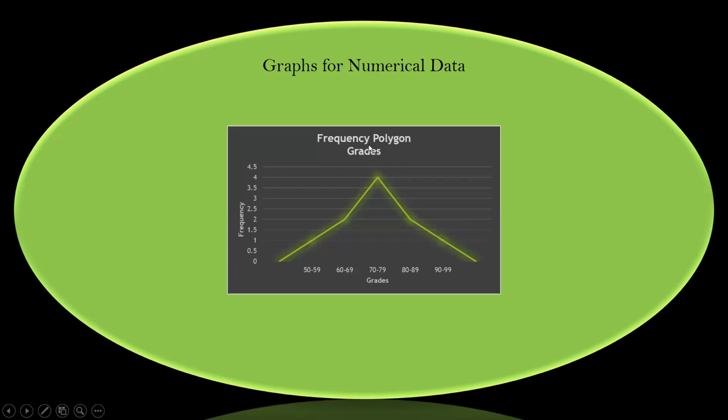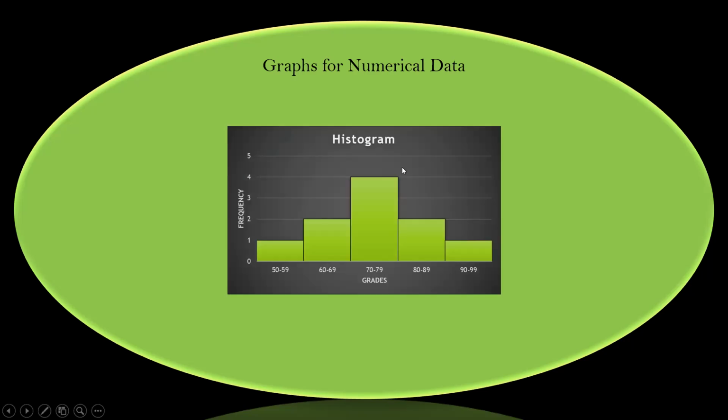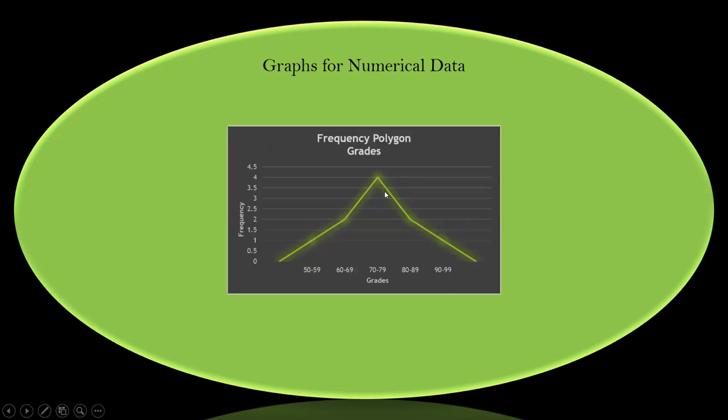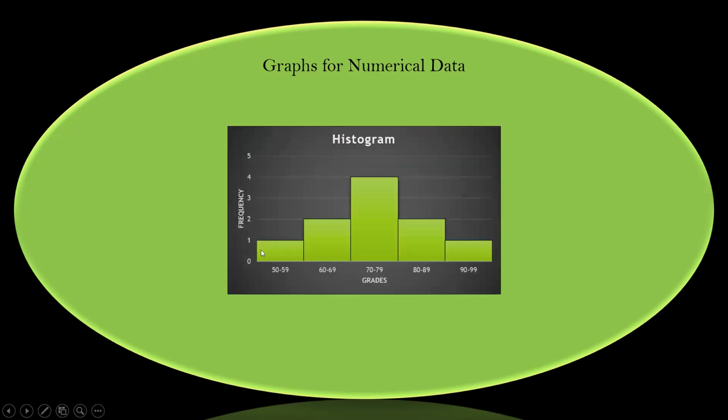This is a frequency polygon, and you can see they look very similar in terms of shape. The difference is, whereas we're using intervals with the histogram, the frequency polygon is going to use a midpoint. So it's going to take this midpoint, this midpoint, this midpoint, this midpoint, and this midpoint, and connect them with a line.